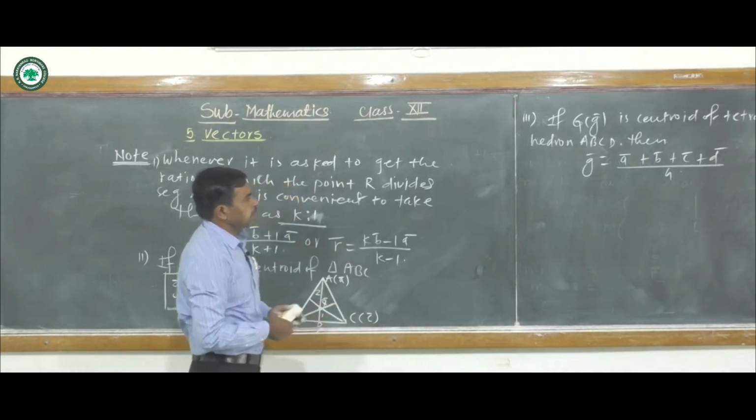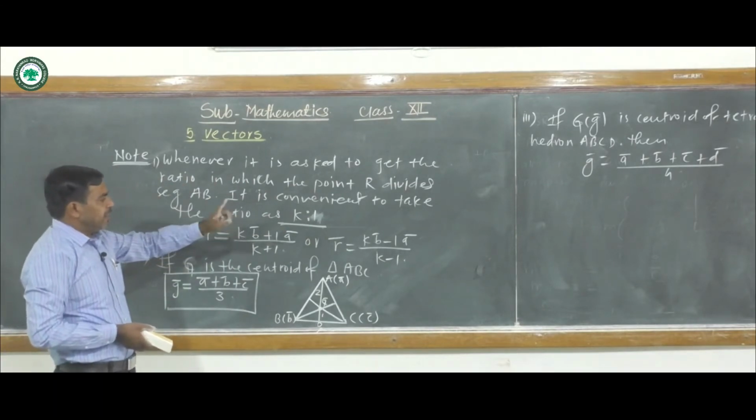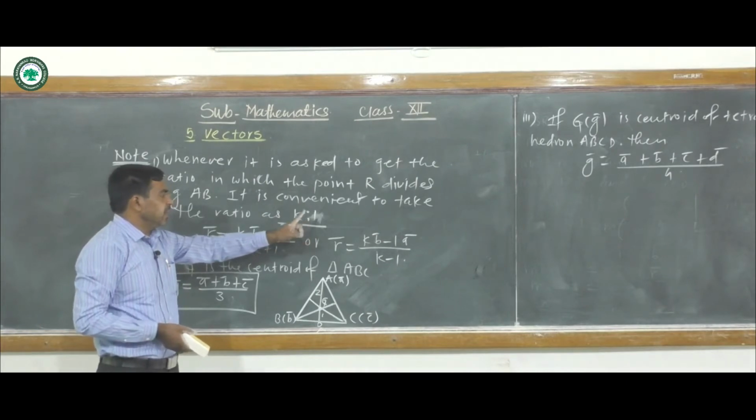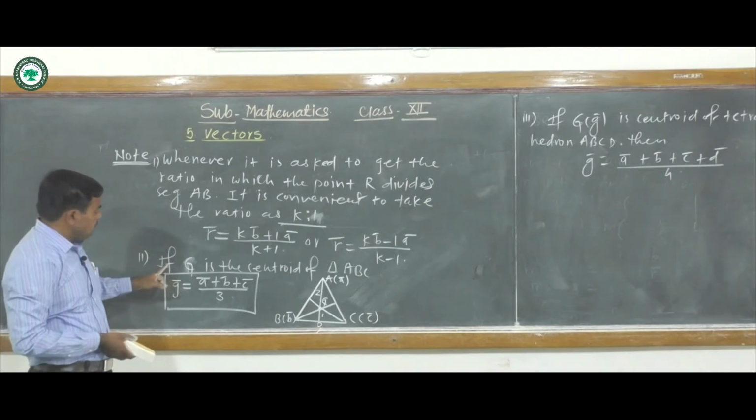So here, if we want to find out the ratio, take the ratio as k as to 1. It is easier than getting the ratio as m as to n.